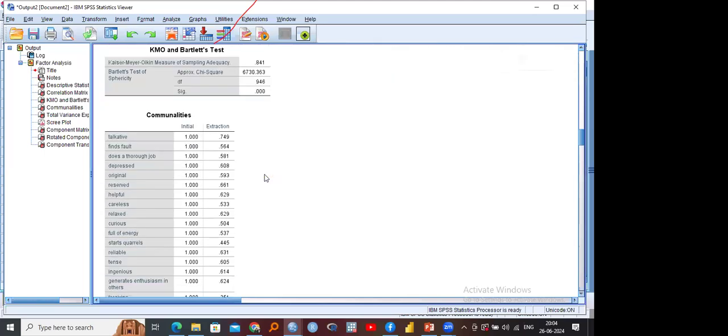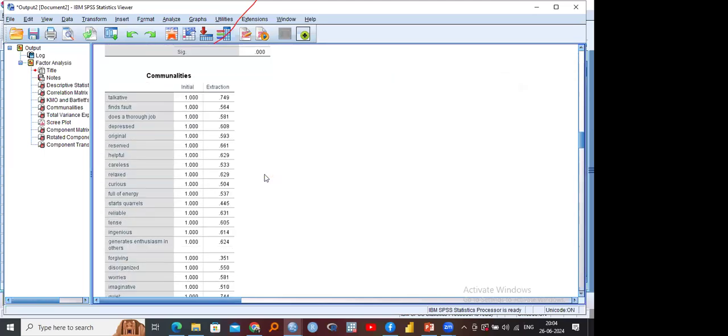Next is communality. Now again, for each of the 44 variables, communality tells you how much variability is being explained. This value again lies between 0 and 1.